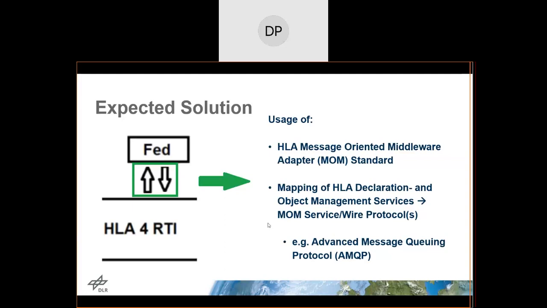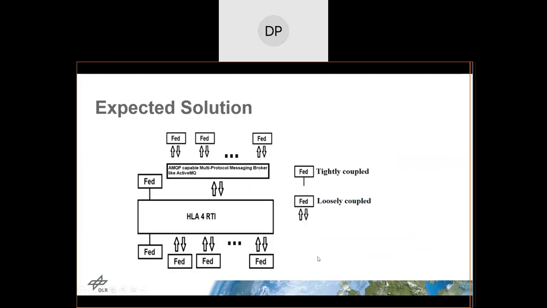And this opens the door for what is very interesting for us, to have an AMQP-capable multi-protocol message broker like ActiveMQ as a bridging federate, and then to benefit different federates from the message broker protocol translation capabilities.